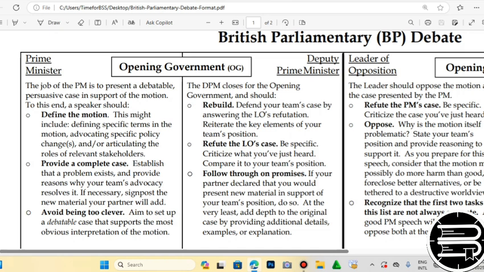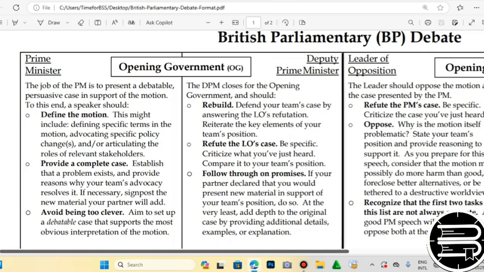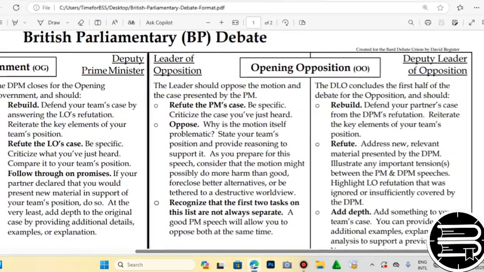Then we move on to the second speaker, who is the leader of opposition. So the leader of opposition, we expect him to come to the podium and oppose the motion and the case presented by the Prime Minister. So we're expecting the leader of opposition to come to the podium and say that the opposition says that private schools are better than government schools, and they try to refute the Prime Minister's case that he has come and presented.